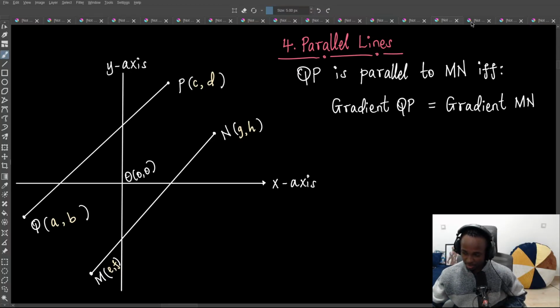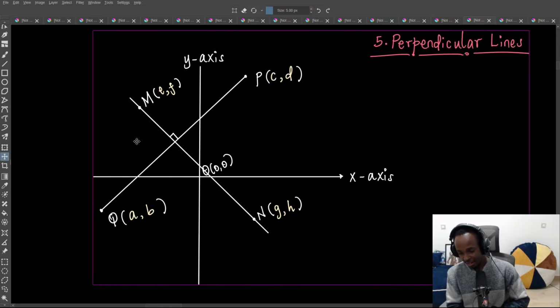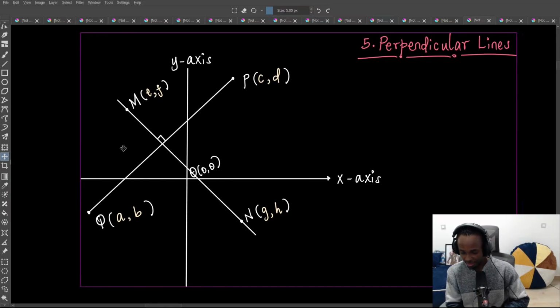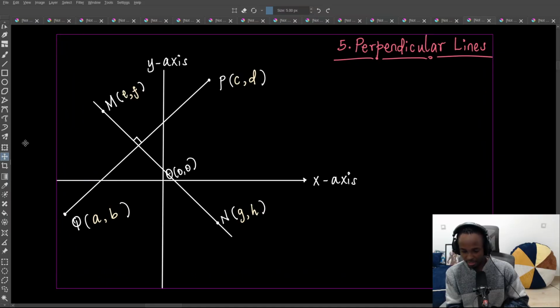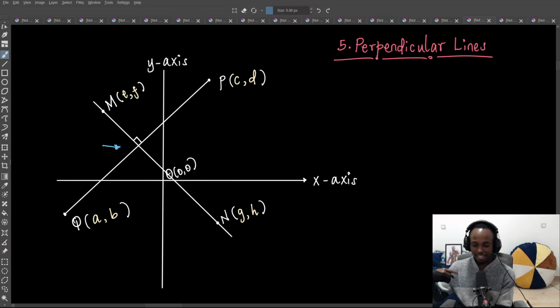Then another concept that we need to explore is that of perpendicular lines. Now, perpendicular lines are obviously intersecting. Here we go. So they are intersecting here, and at the point of their intersection, they make a right angle.